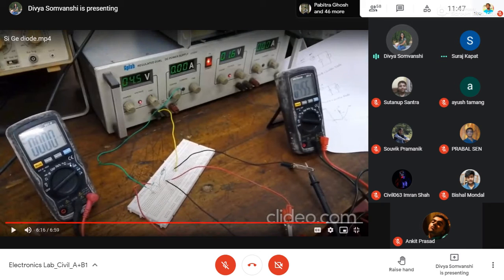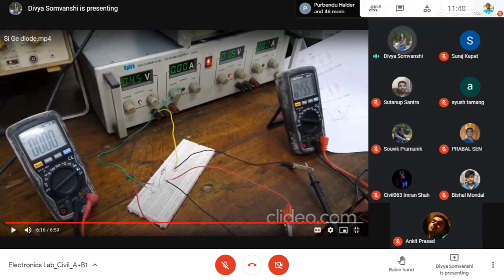In a multimeter, there are different ranges: 10 ampere, milliampere, microampere. If your current is coming in the order of ampere, you should put your knob in that range. If it is coming in milliampere, you should put your knob in the milliampere range. In forward bias our current is in the milliampere range, so our knob is set at milliampere.